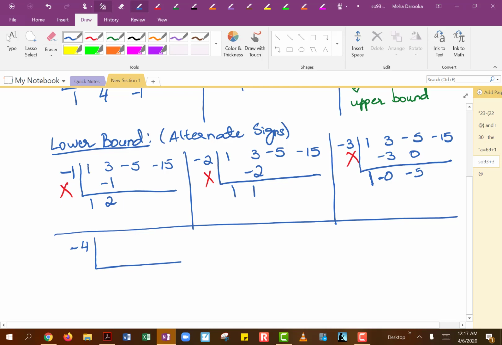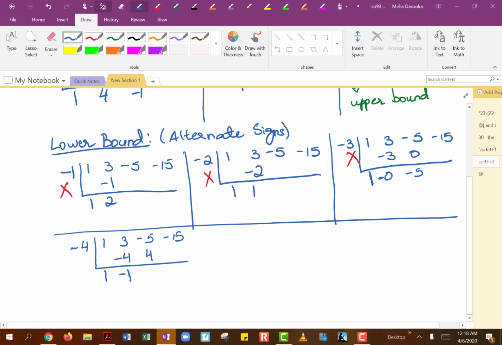So dividing by -4, bring the 1 down. 1 times -4 is -4. -4 plus 3 gives us -1, so that's good. Our sign is alternating right now. Then -1 times -4. Negative and negative becomes positive, so this guy ends up becoming +4.